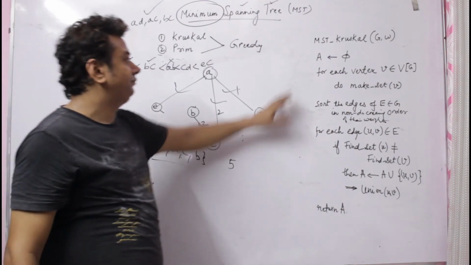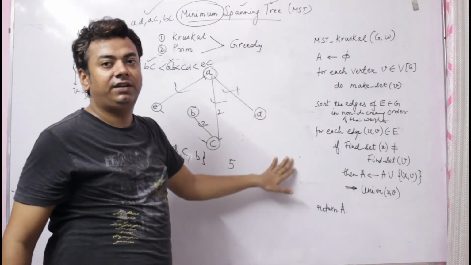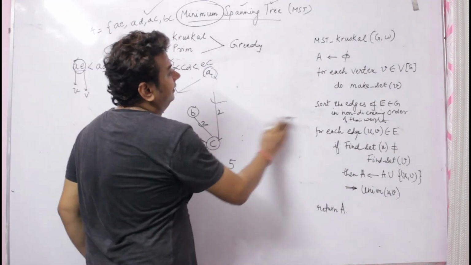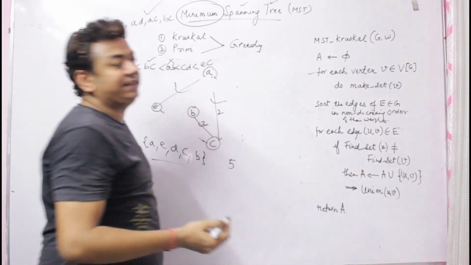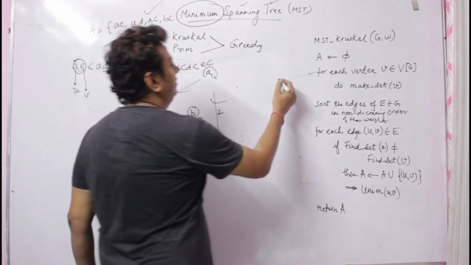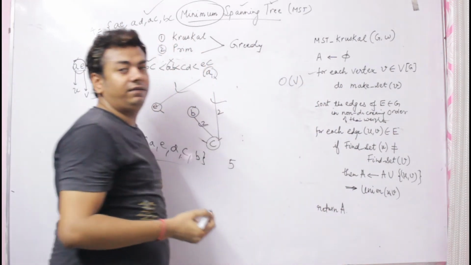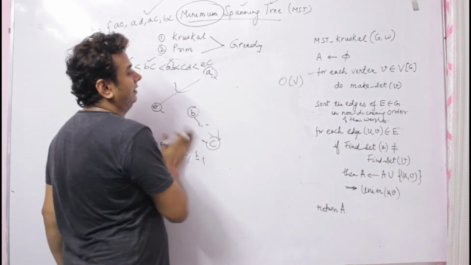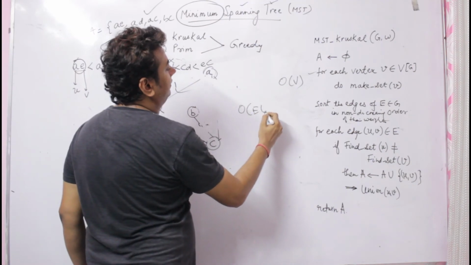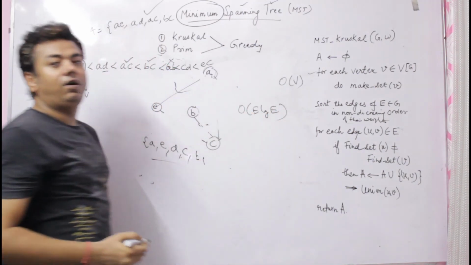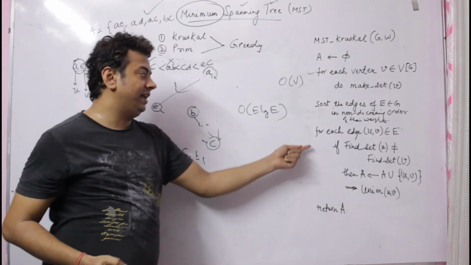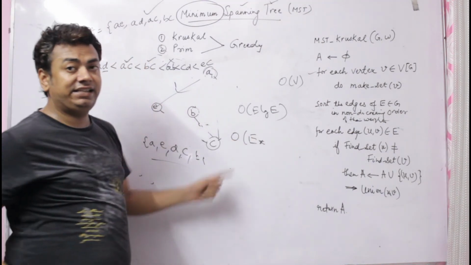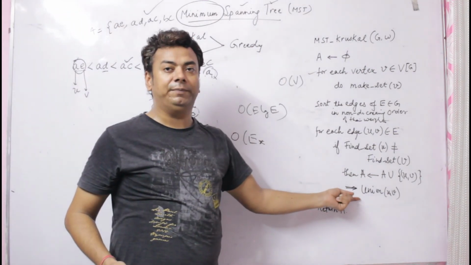Now let's see what the time complexity of this algorithm is. For each of the vertices we are making a set, which is nothing but O of V. Sorting the edges in non-decreasing order, at best we can achieve O of E log E. Then for each edge, we have to perform union.